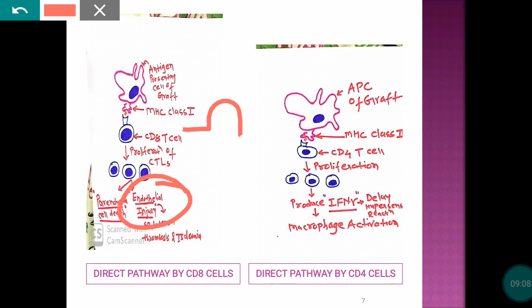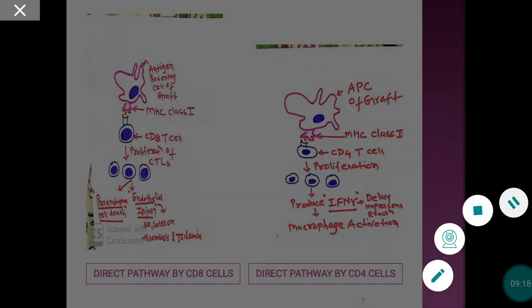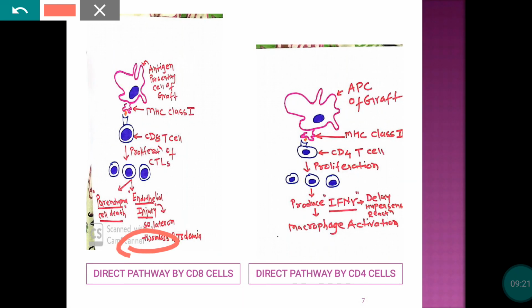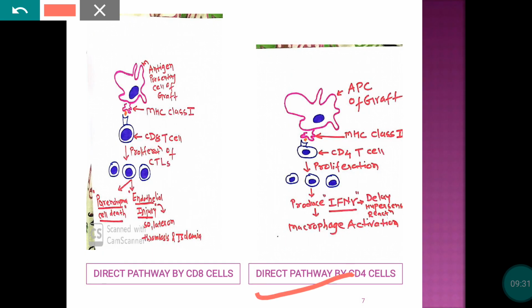If your endothelium is getting damaged, then what will happen? Platelet coagulation system will be activated. If the coagulation system is activated due to endothelial injury, there will be thrombosis. And because of thrombosis, there can be further ischemia, because it reduces the blood supply through the blood vessel. In this way, cytotoxic T lymphocytes and the CD4 T cell can lead to transplant rejection.